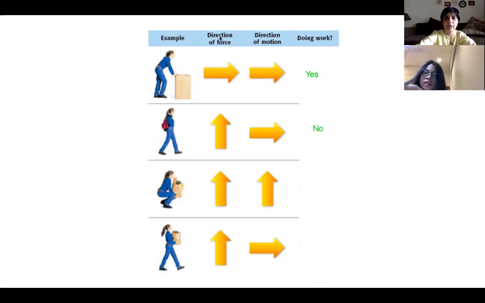Okay, let's look at the next one. Yes. Why? Because she's lifting it up. So force is upwards, and the bag also from the floor level will move up. So yes, here. Tell me the next one. No. Once again, why?